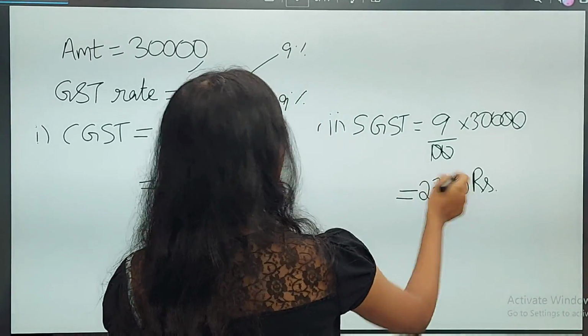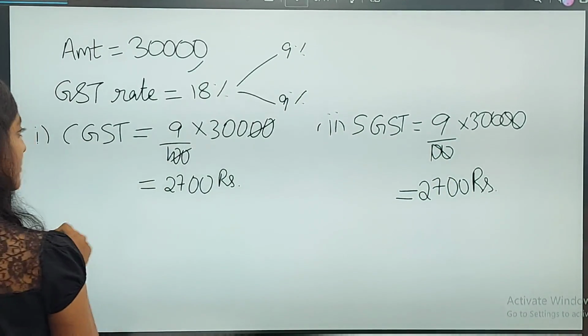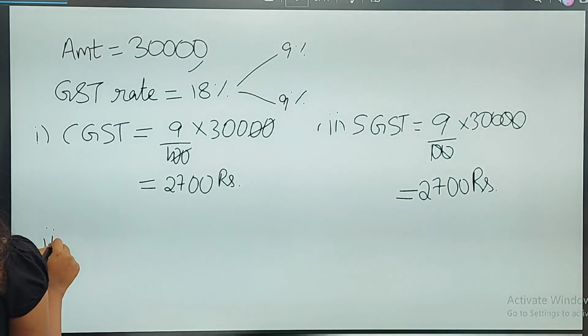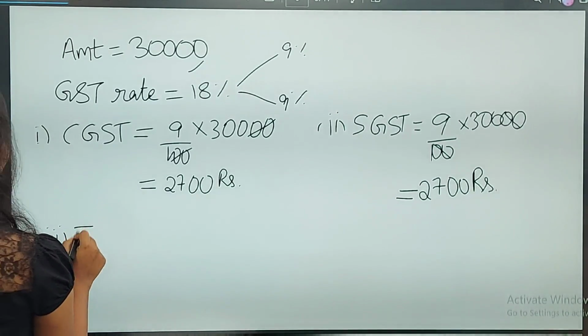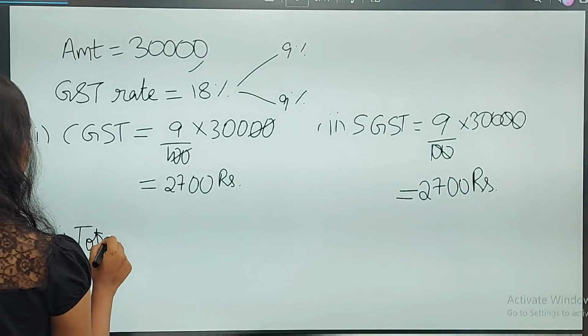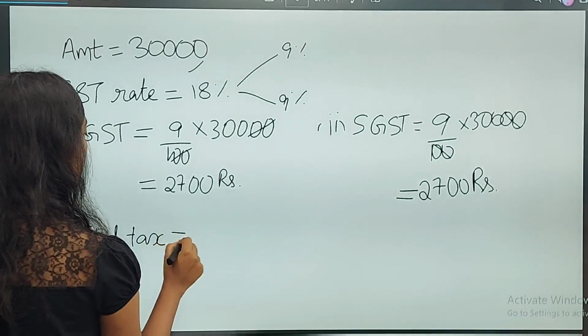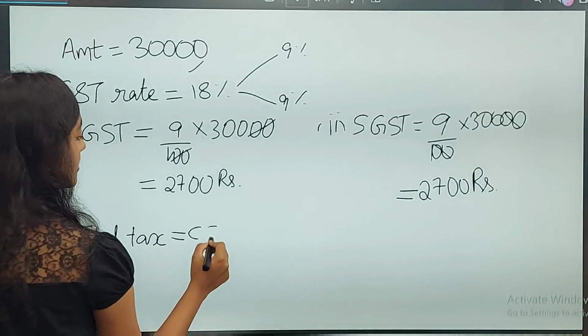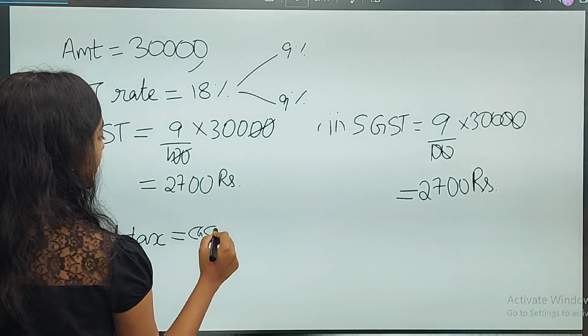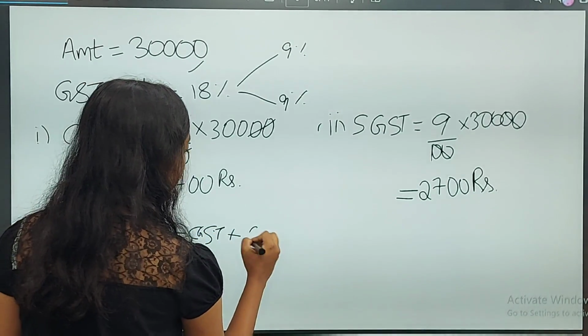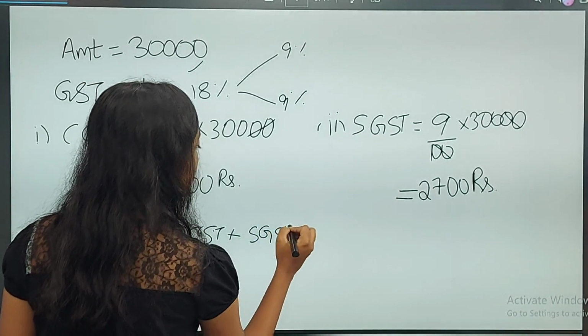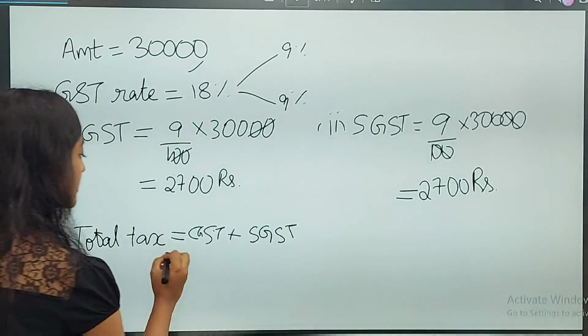So you have SGST and CGST. Then they have asked you the total tax, right? Total tax that I need to pay. So the total tax I need to pay will be CGST plus SGST. Just give me a few more days and I'll get used to writing on this.